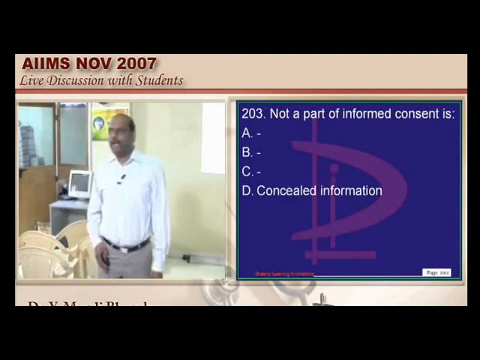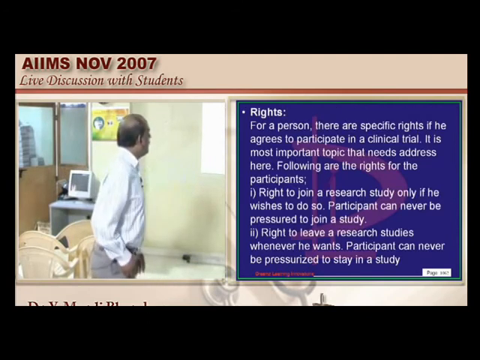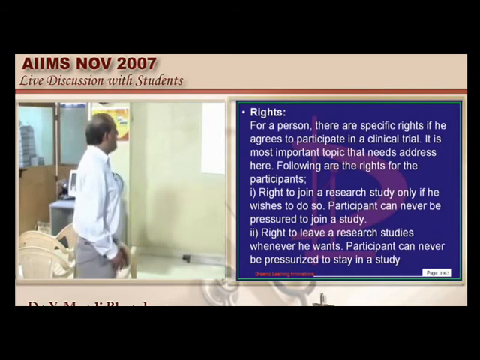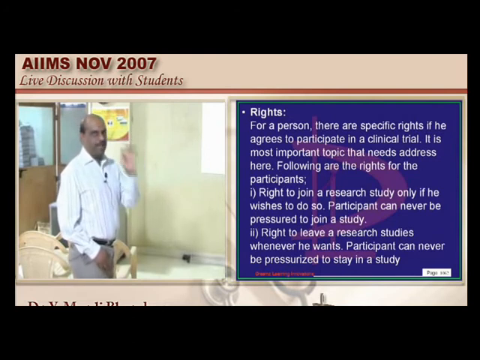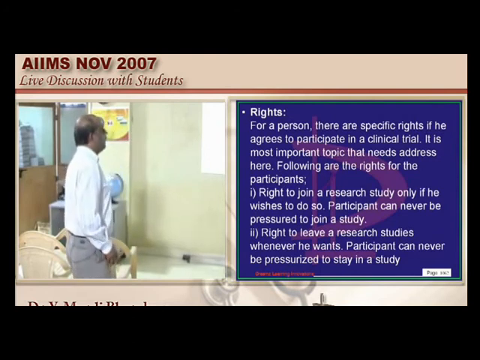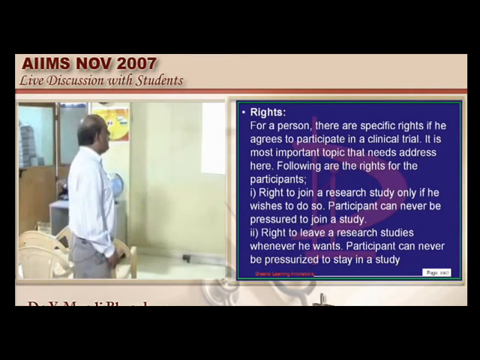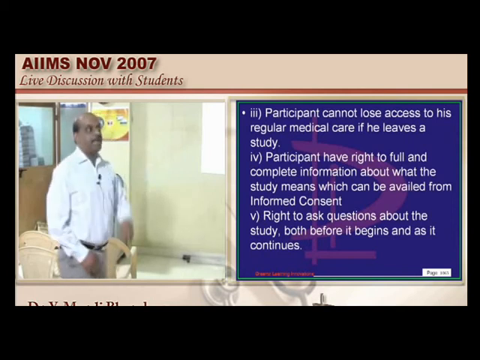Now what is not a component of the informed consent in a clinical trial? So there are some rights and certain informed consent. These are the two components if you are conducting any clinical trial. You can place a patient in a clinical trial only if he wishes to come and join. And also the participant cannot lose the access to his regular medical care.